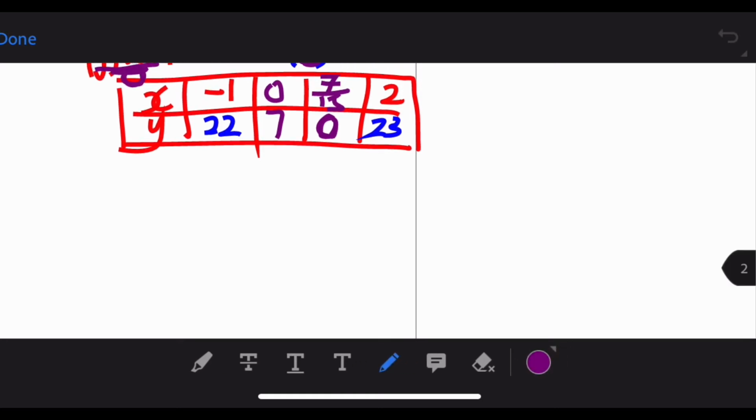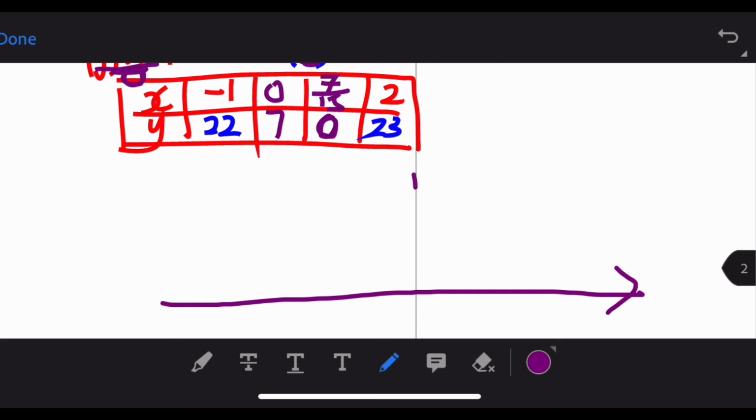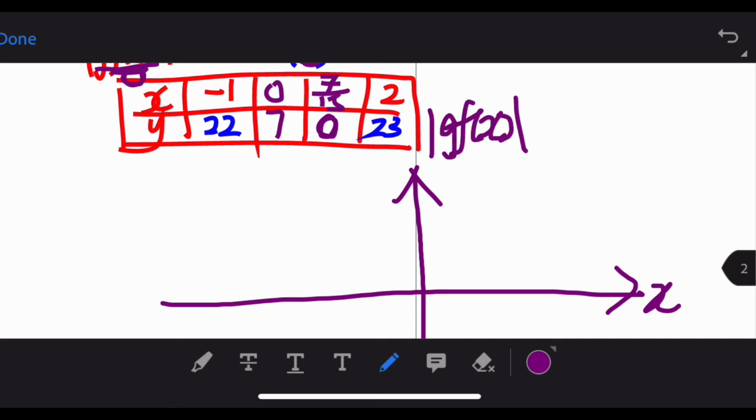Okay, so in order to get full marks for this sketching, you can put modulus g(f(x)), right? We will start with the 0 origin here, -1, and then of course we'll end with 2, right?